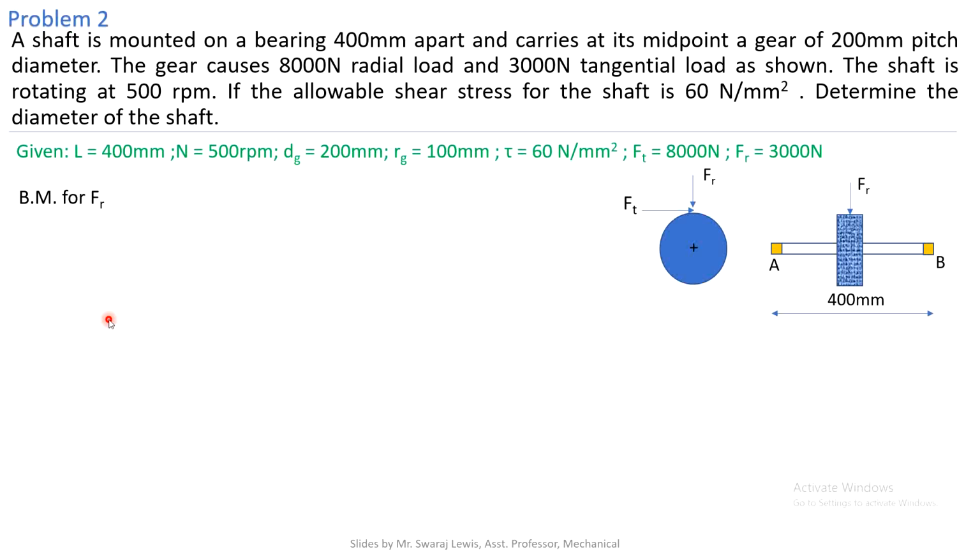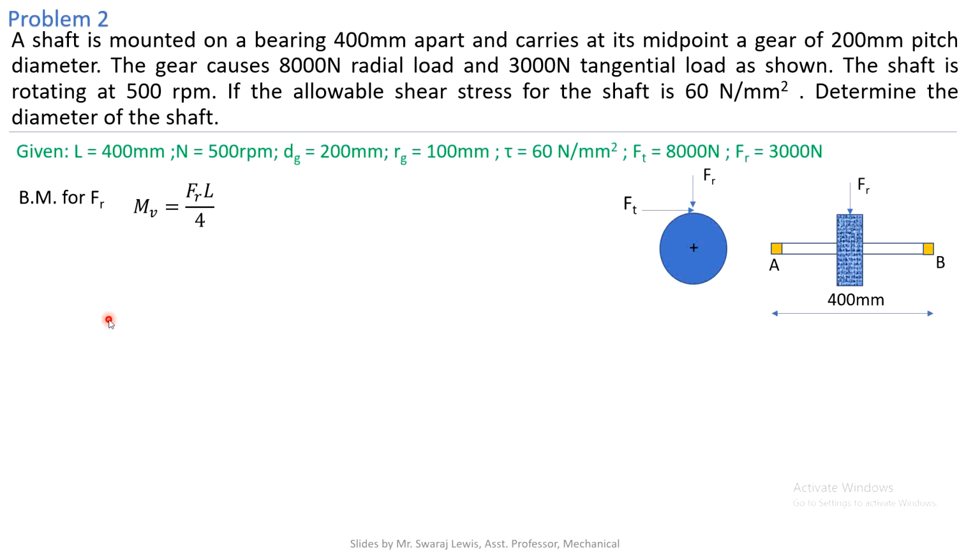So you have a bending due to downward loads. What is the bending moment for downward loads? You have to calculate. Since the load is acting exactly at the center, the maximum bending moment will be at the center. So bending moment vertical will be Fr into L by 4.